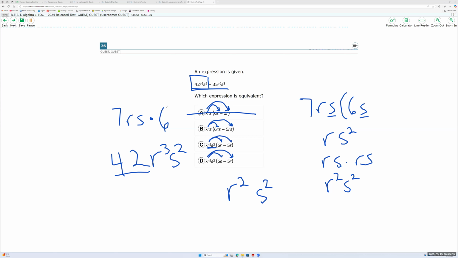And inside we have the 6. We already took into account the 6 and the 7 into 42. And we have an R. So R squared times another factor R gives me 3 factors R, like this: R times R times R S squared. So this is in fact 42 R cubed S squared.